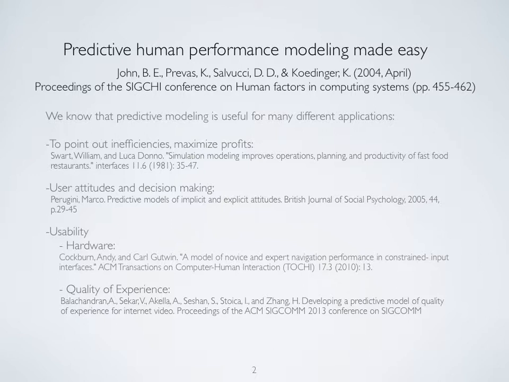It is used for user attitudes and decision making, such as this paper by Perugini, which uses explicit and implicit attitudes to predict decision making, and varied aspects of usability, such as hardware, such as this paper by Cockburn that examines performance with constrained input interfaces such as switches, and even subtle topics such as quality of experience for internet video that would allow for greater revenues in ad sales.